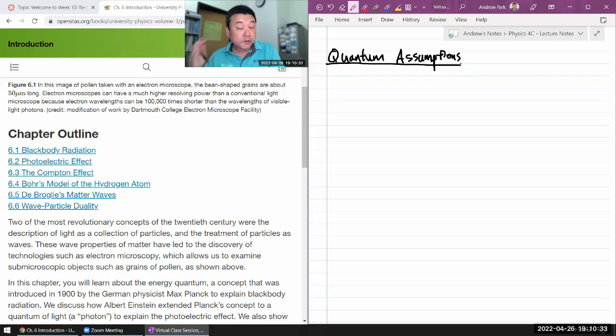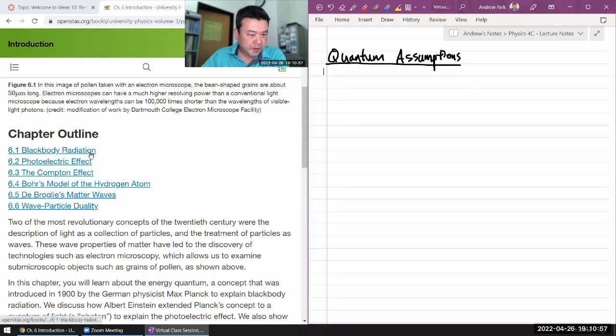It begins with a few ad hoc assumptions, and what I want to highlight here are some key assumptions that turn out to be lasting, and are incorporated into the fully built out model of quantum mechanics.